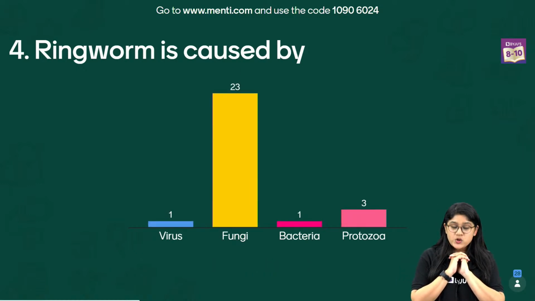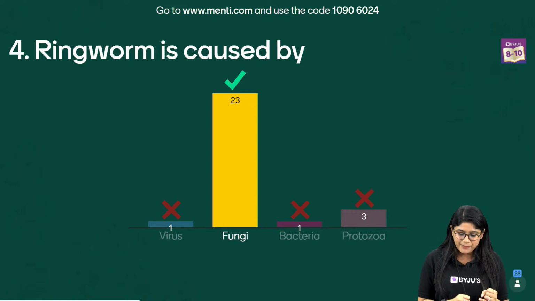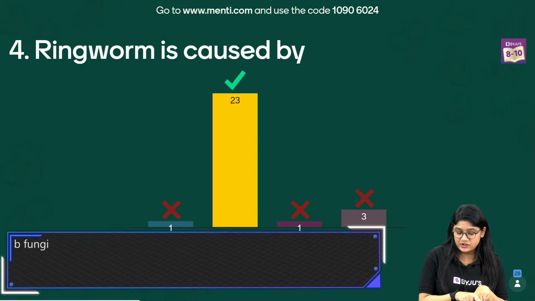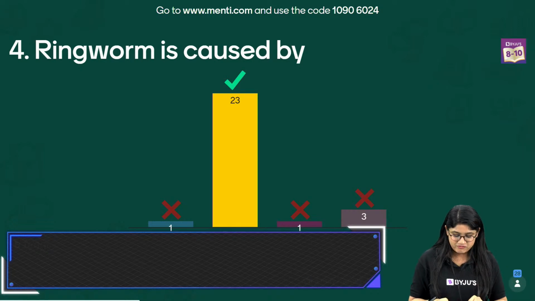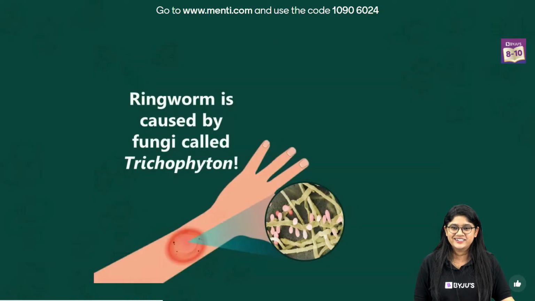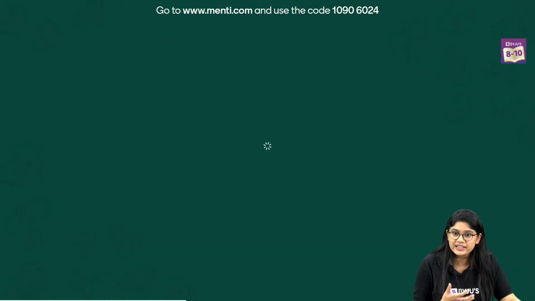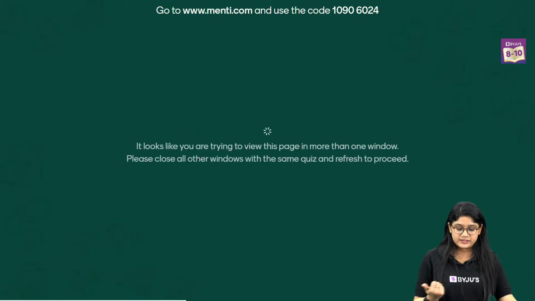Everyone has voted and 23 of you have voted for the correct answer, which is fungi. What happened to the virus? The correct answer is fungi. Note that down. Of course, we know that it's caused by the fungi. My God, you guys are really very fast. I can see some of you writing the timings. It's really amazing.